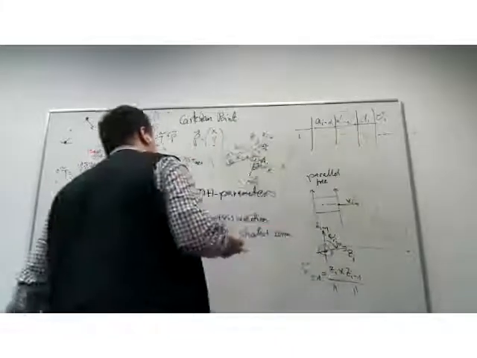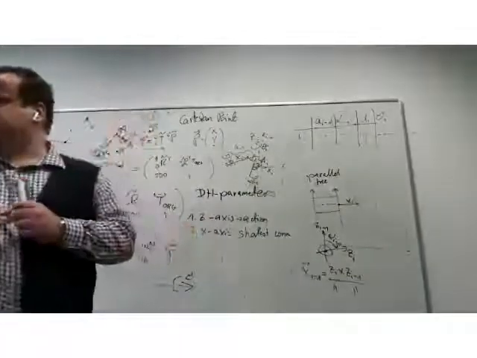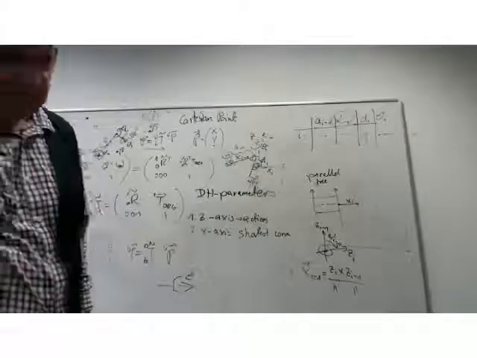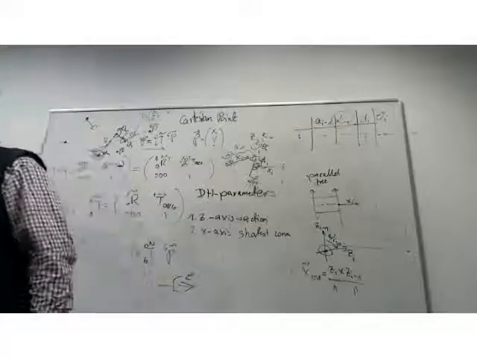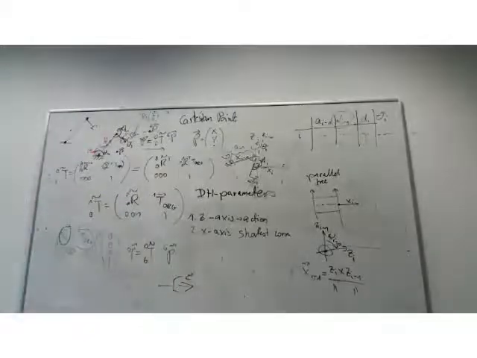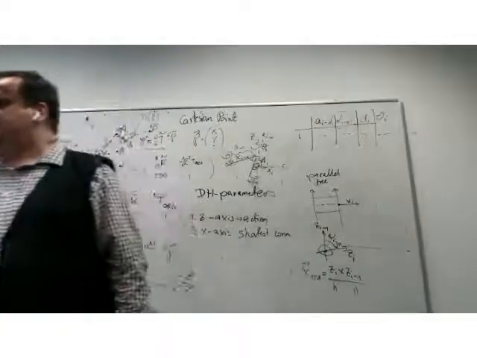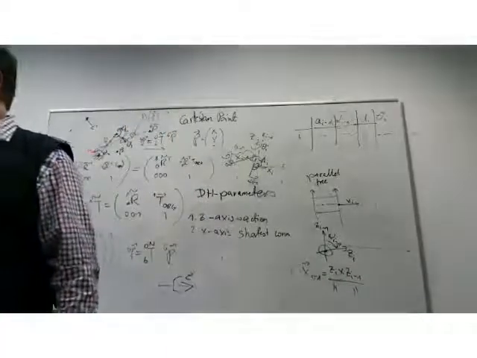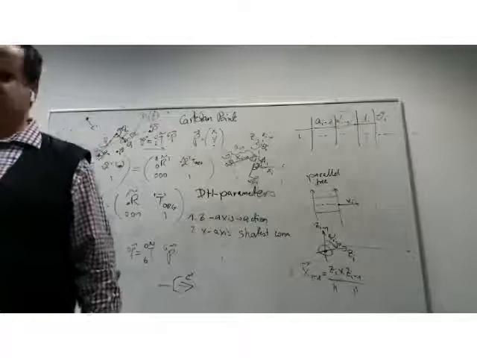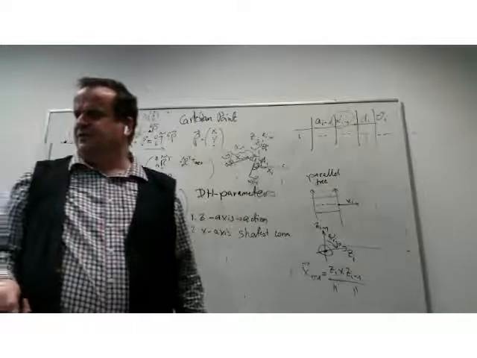Well, this reduces the number of parameters you need to pass between systems to just 4. And from these, you can build the transformation matrix just as a sequence.